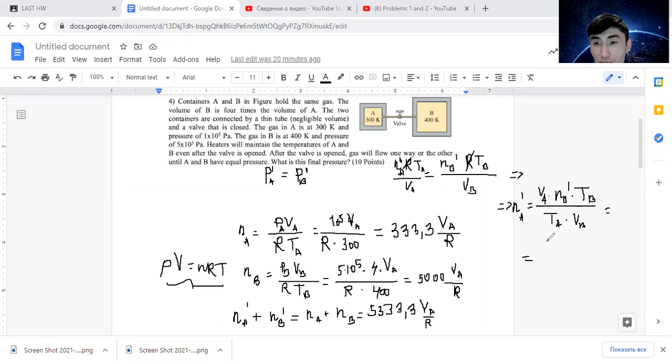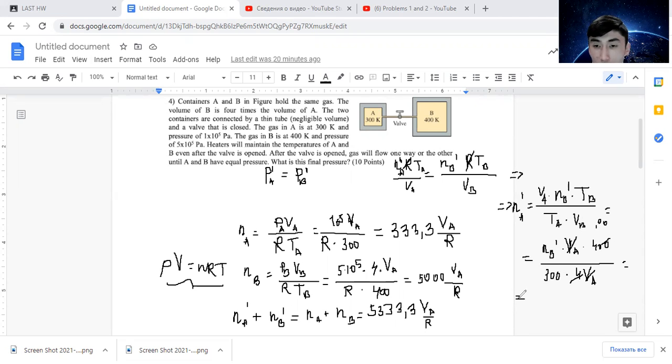So here all these values are also given. NB times VA times TB is equal to 400, right? 400 divided by 300 Kelvin, and times VB, which is equal to 4 VA. So here VA will be cancelled, right? Here will be 100.